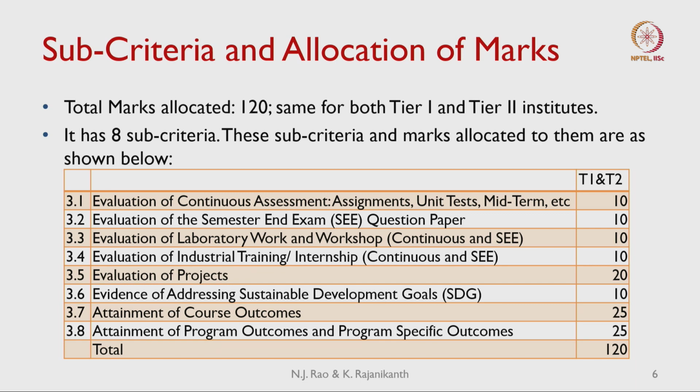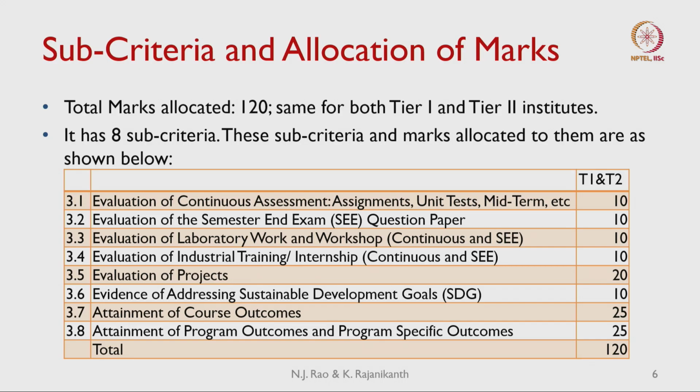This is a new feature because now the SDG is considered extremely important in all the activities of the institute. Then attainment of course outcomes, and attainment of program outcomes and program specific outcomes.